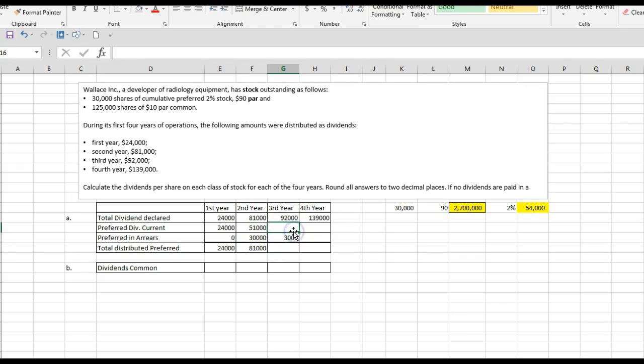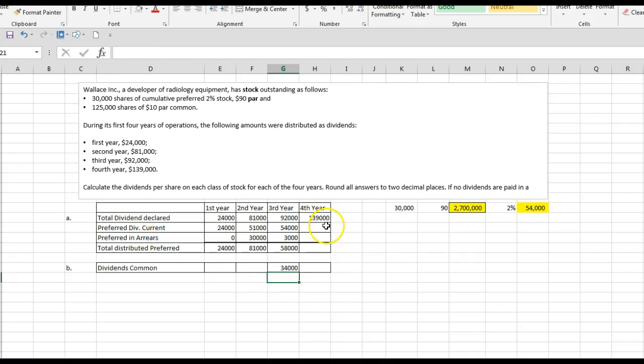Now this is looking more promising. They're going to pay them 54,000, and their total is going to be 58,000, but I have money left over. So now my common stock will be able to get a dividend of what's left over, which is $34,000.